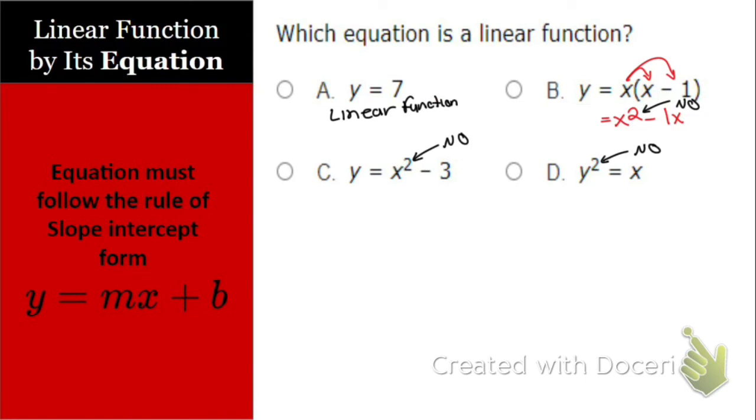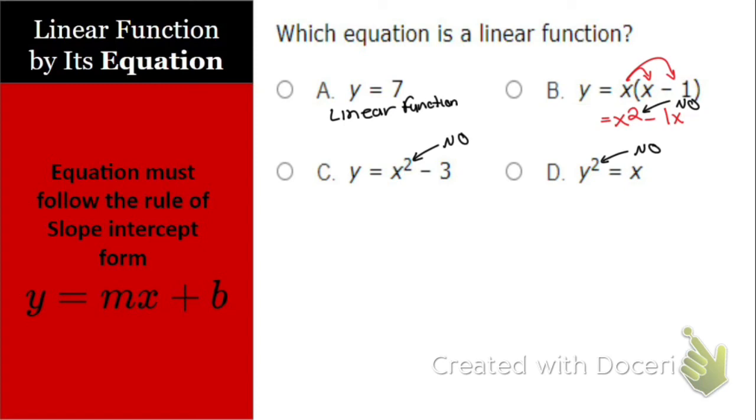Alright, ladies and gentlemen, in this lesson we figured out how to identify linear functions in graphs, tables, and with equations. In graphs, we're looking to determine whether it is a function first and if it's a straight line. In tables, we have to determine if the rate of change is constant.